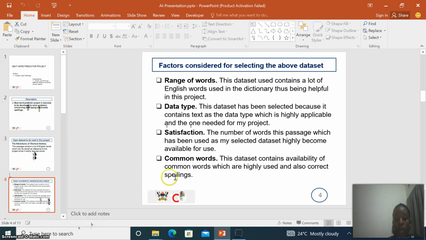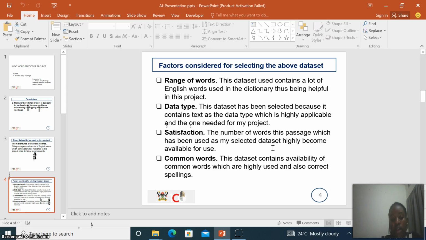And then also I will consider satisfaction. I first went through this passage. I saw the number of words in this passage which have been used as my safety database become available for use. The words in this passage which I chose as my dataset, they are more than enough for this project.